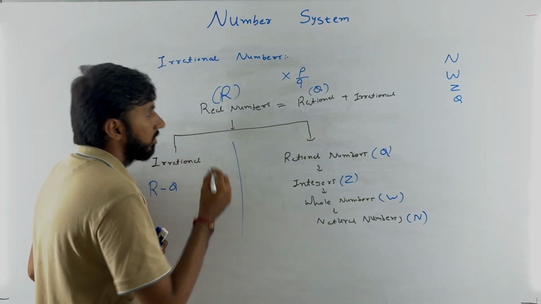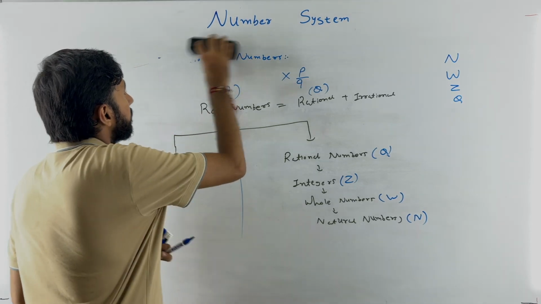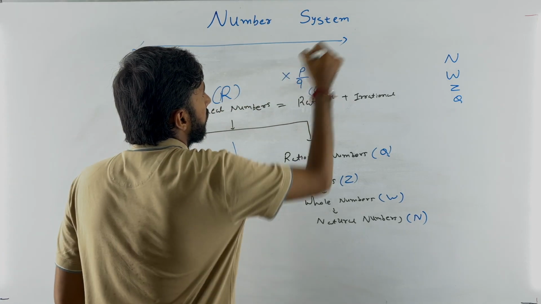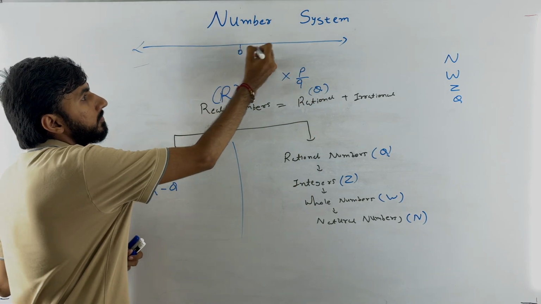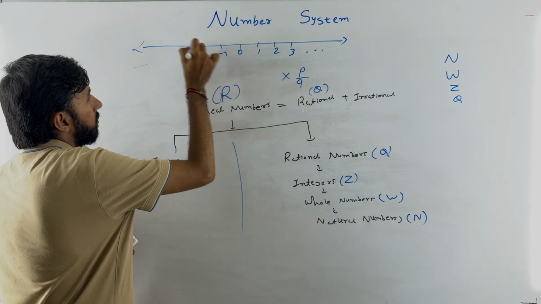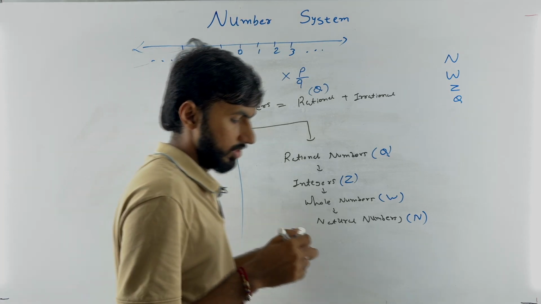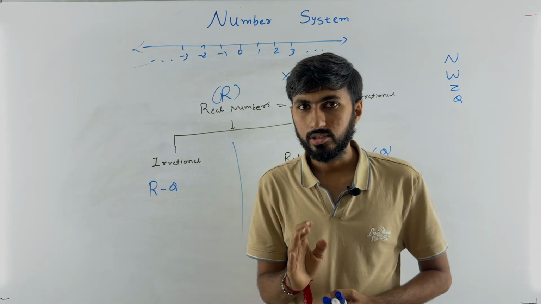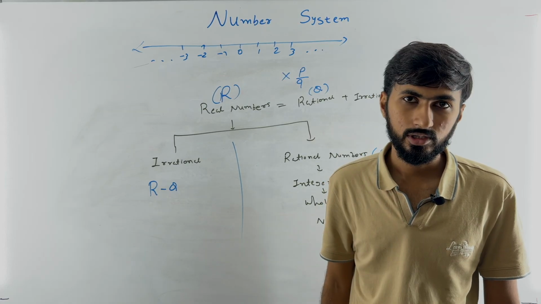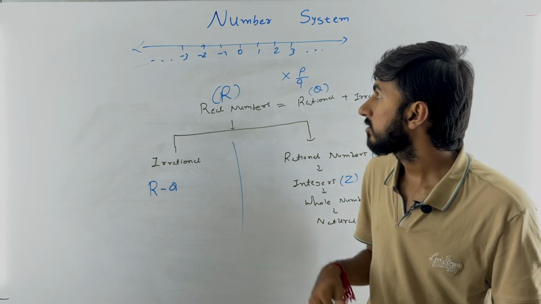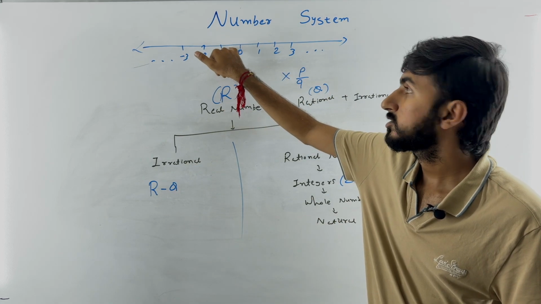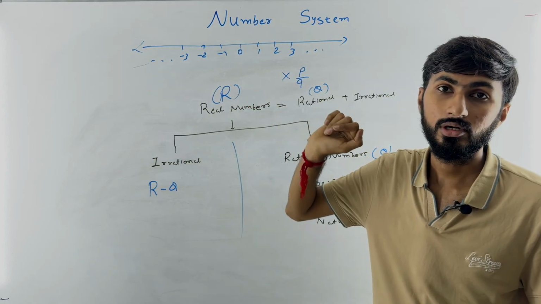we have talked about the number line. This is the real number line. Every point of the number line represents a unique real number, and the same for the other way around. Every real number can be represented as a unique point on the real number line.